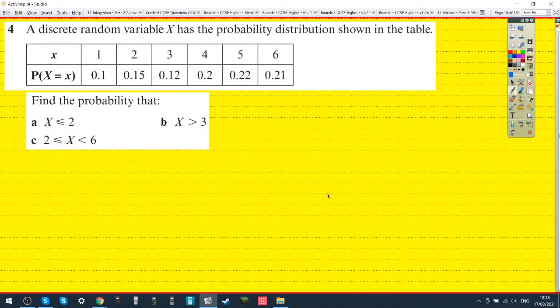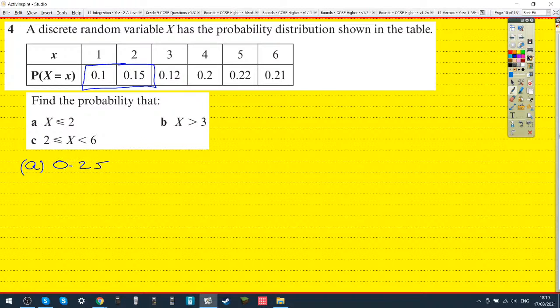So here's a table someone else made with the probabilities. Let's try these. What is the probability x is less than or equal to 2? 2 out of 6, so a third. Do all the bottom numbers add up to 1?